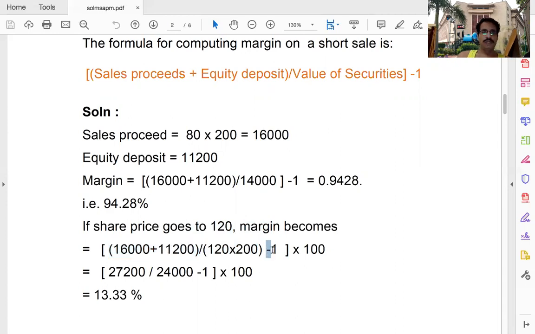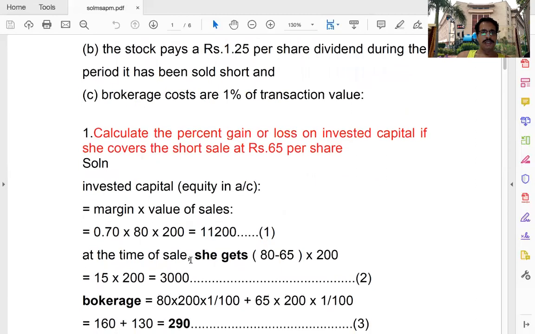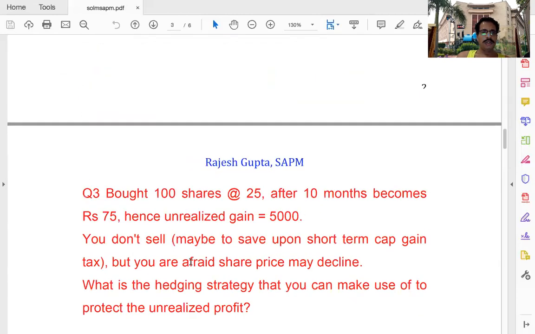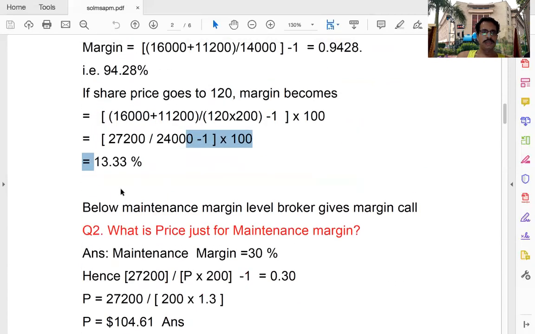When you do -1 and multiply by 100, your margin, which was earlier like 70%, has shrunk to only 13%, right? So when your margin drops below, say 30% or something, your broker will be worried, and he will ask you to make good this drop in margin, right?